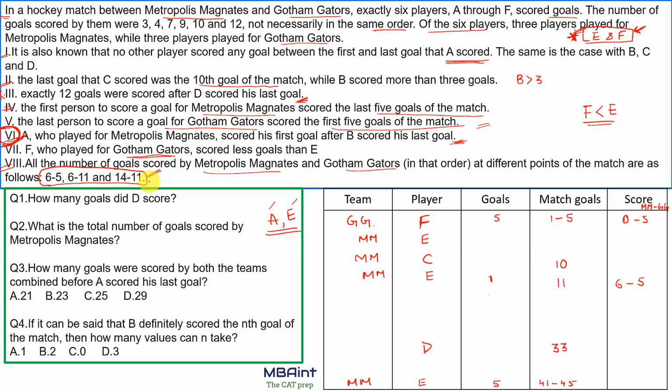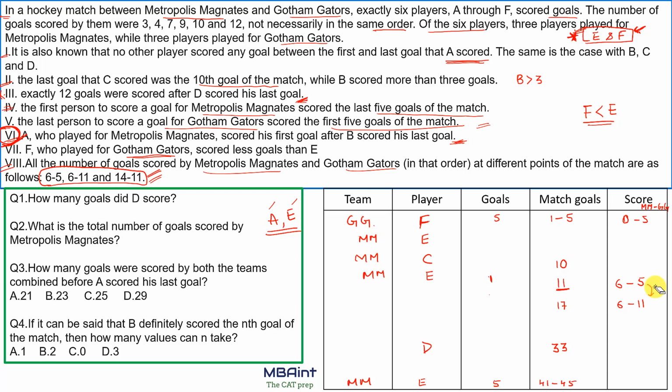Now let's see the further goals at different positions. It is 6 and 11. 6 and 11 means the total number of goals in the match is 17. From the 11th goal, there is no further goal made by MM. So only a person from team GG will make the goals, and they will have to make a further 6 goals, from 5 to 11.